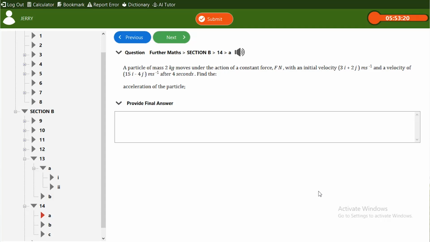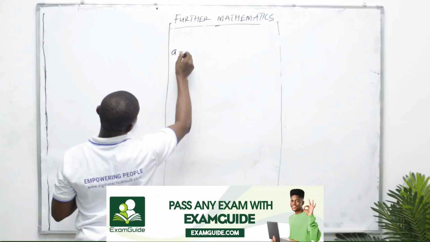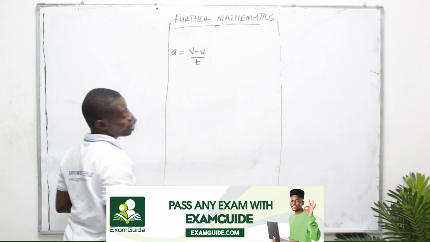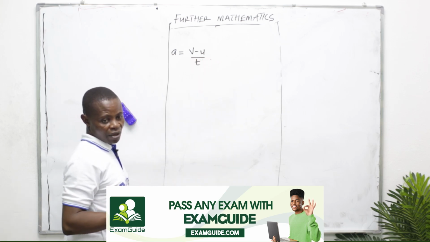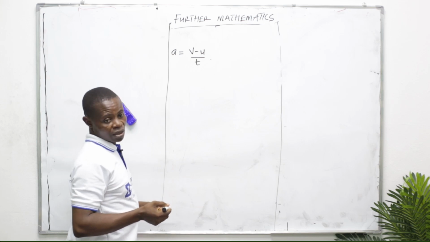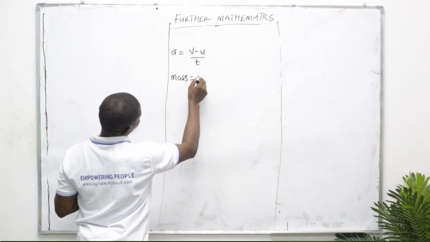Recall that acceleration, from the first equation of motion, a equals v minus u all over t. Looking at what we have here, mass equals 2 kilogram.